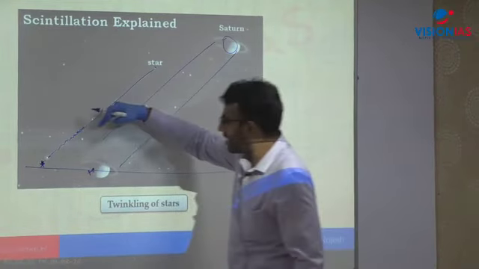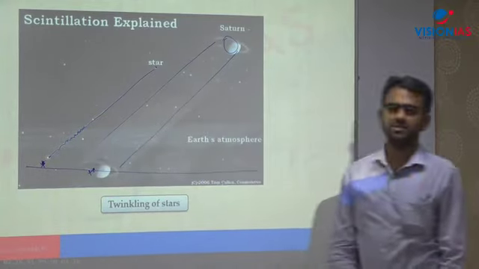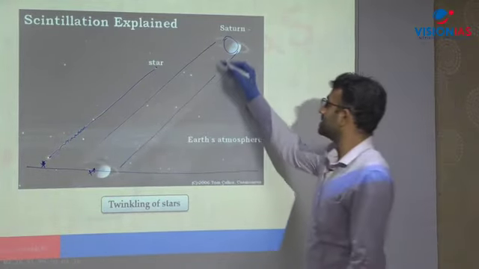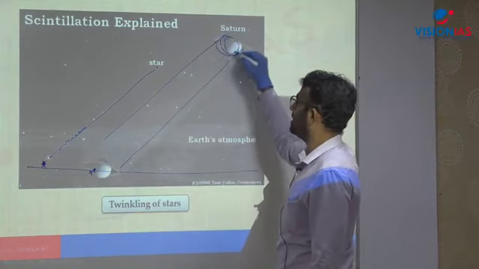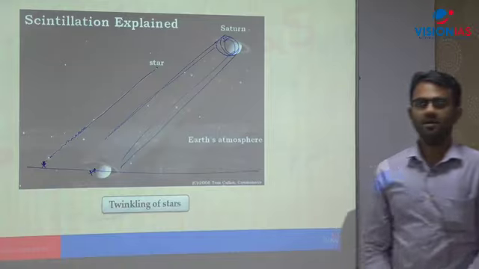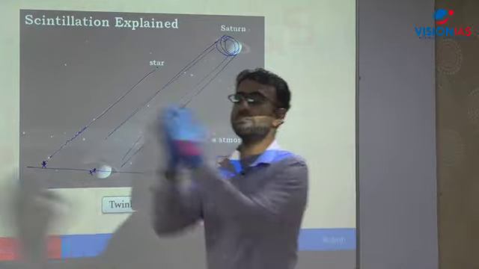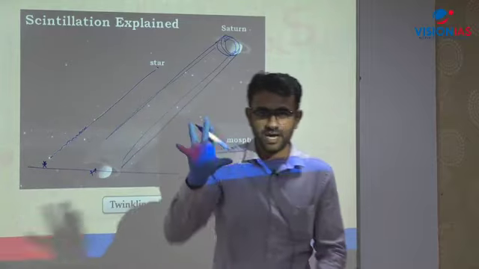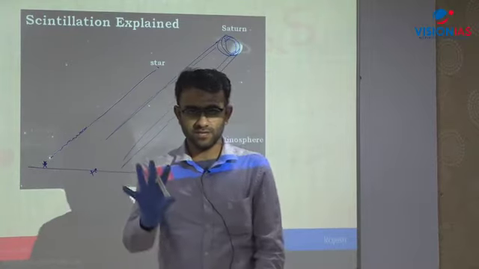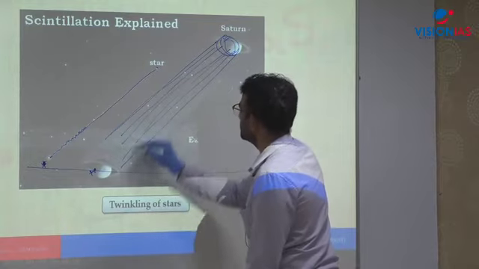And if narrow light is undergoing scattering, our eye can easily notice this. But the light which is coming from the planets, which are very near, is not a single ray of light. It comes as a wider beam of light, like a torch light, you can see that it comes like this.